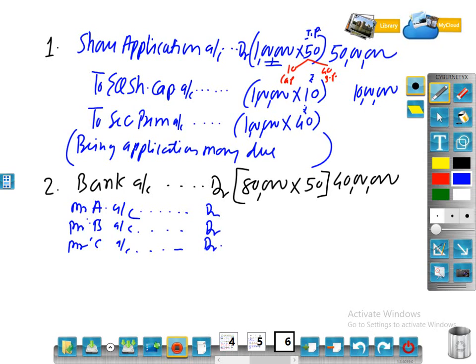On application, we have to receive the firm underwriting amount, right? So that amount, not only firm underwriting but total firm underwriting plus net liability.